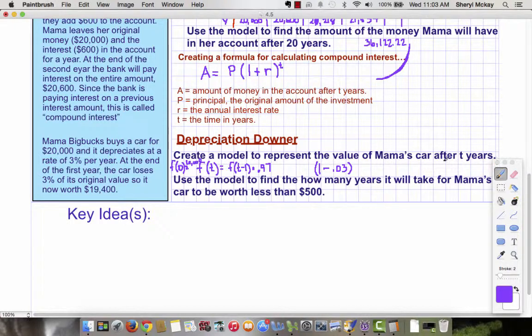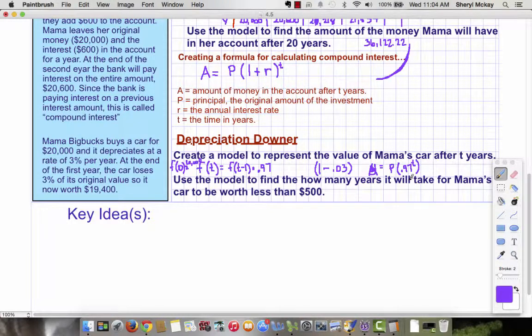Instead of a recursive model, we could create an explicit equation and say that y, which is the same as f of t, equals, using our same terminology, the value of the car is equal to the principal, which was the original amount, times 0.97 to the t power.